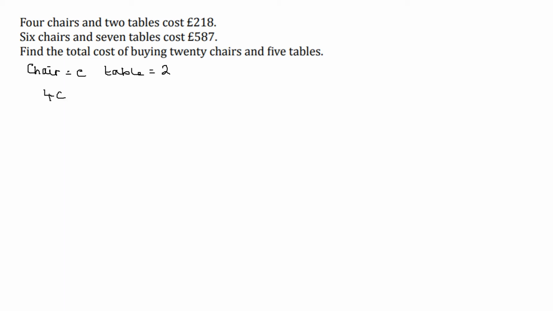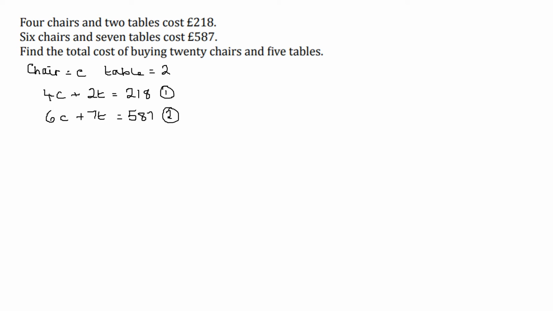So 4C plus 2T equals 218, and 6C plus 7T equals 587. And let's number those 1 and 2.